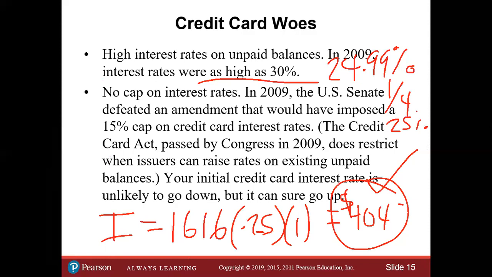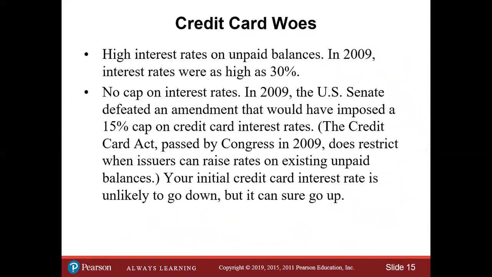The second item here, no cap on interest rates. So the credit card companies can include any kind of interest rate that they like. They could jack it as high as they want.